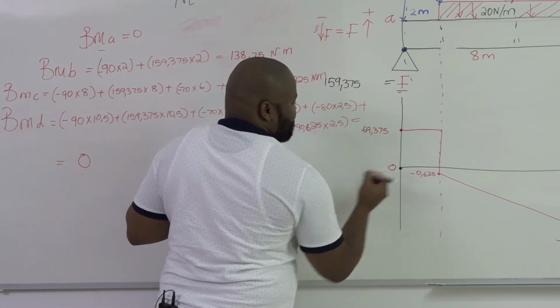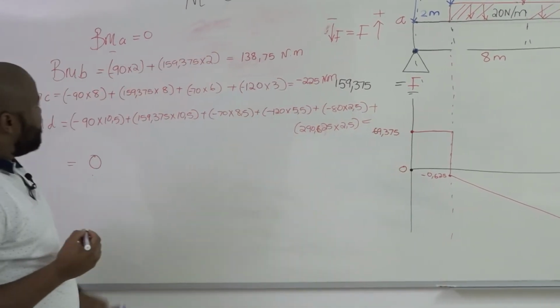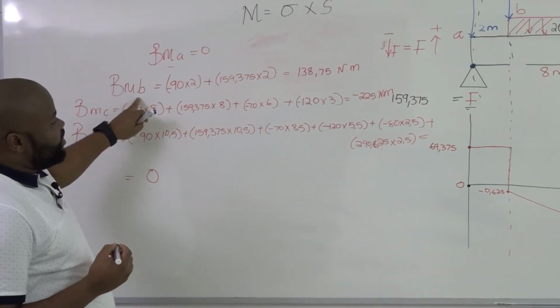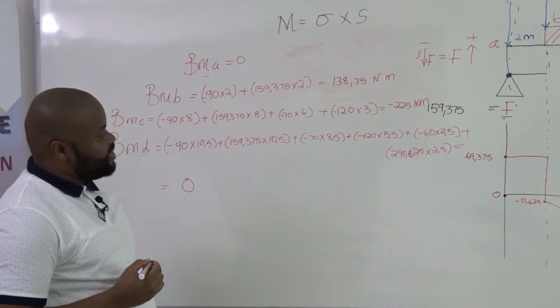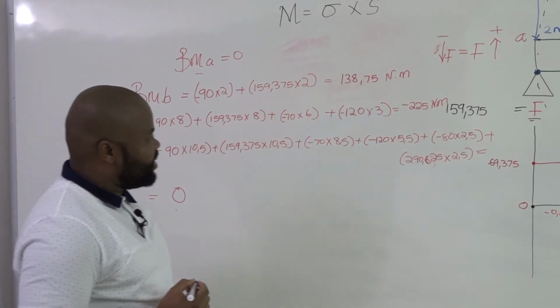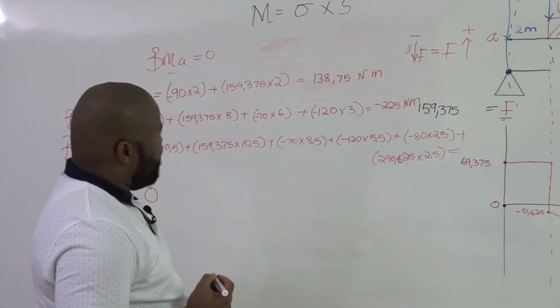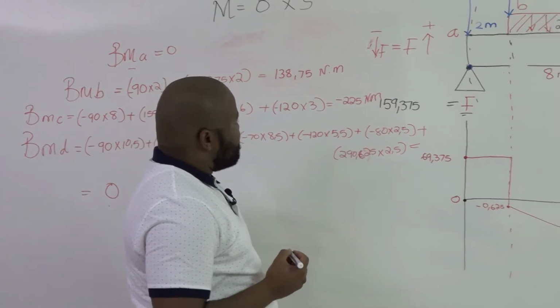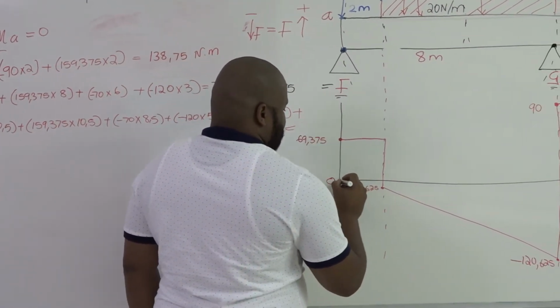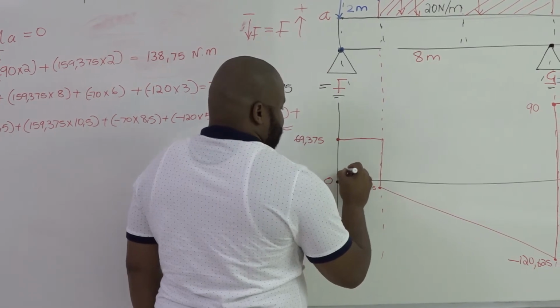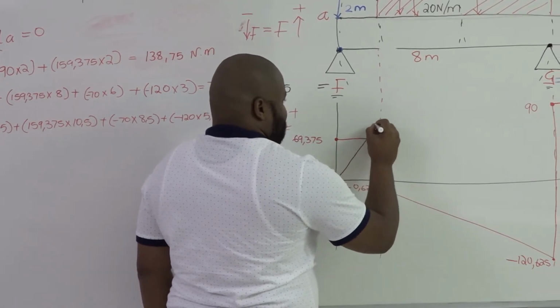We've got bending moments at A. But when we go to bending moments at B, what value are we getting? We are getting a positive value that is taking us to 138.75. So we're now going to draw our bending moment graph.